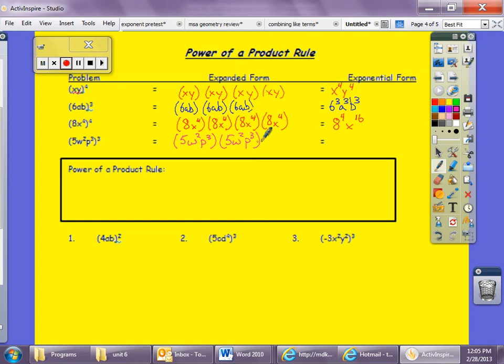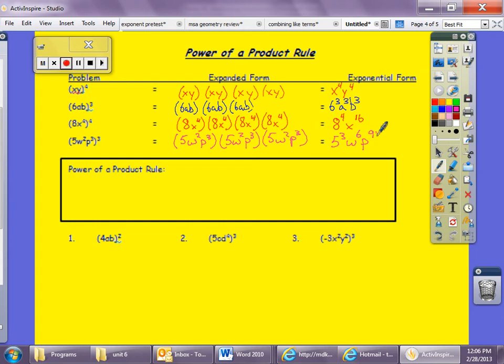It's a whole lot of writing, so hopefully there's an easier way to do this. Instead of writing in expanded form, we have 3 5's. We have 2 plus 2 plus 2, that's 6 w's. And 3 plus 3 plus 3 p's, which gives me p to the 9th.